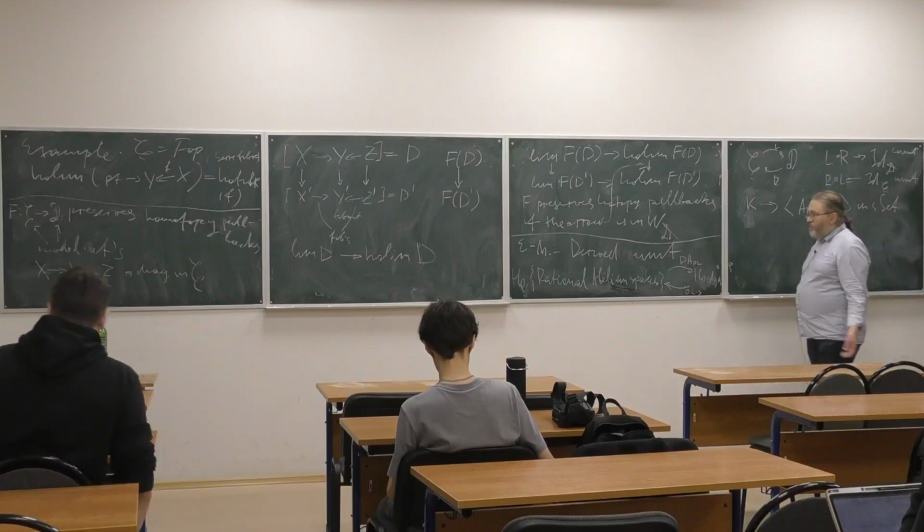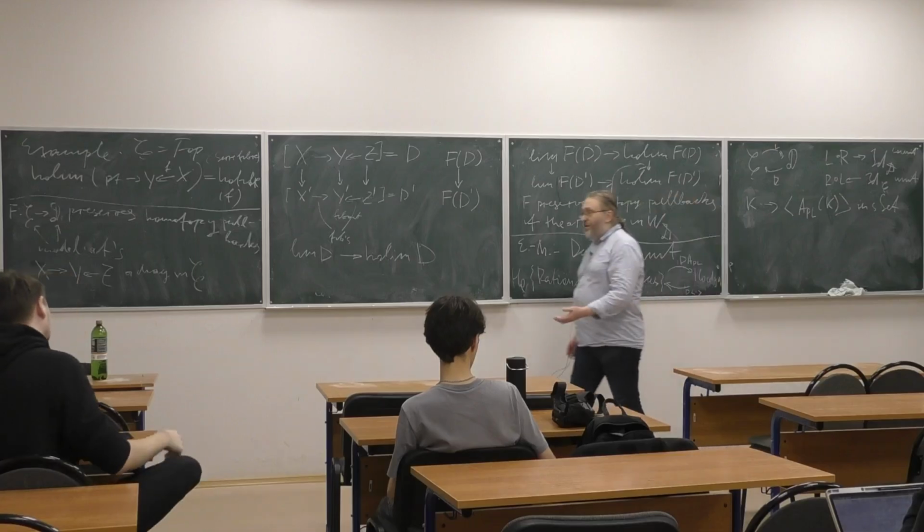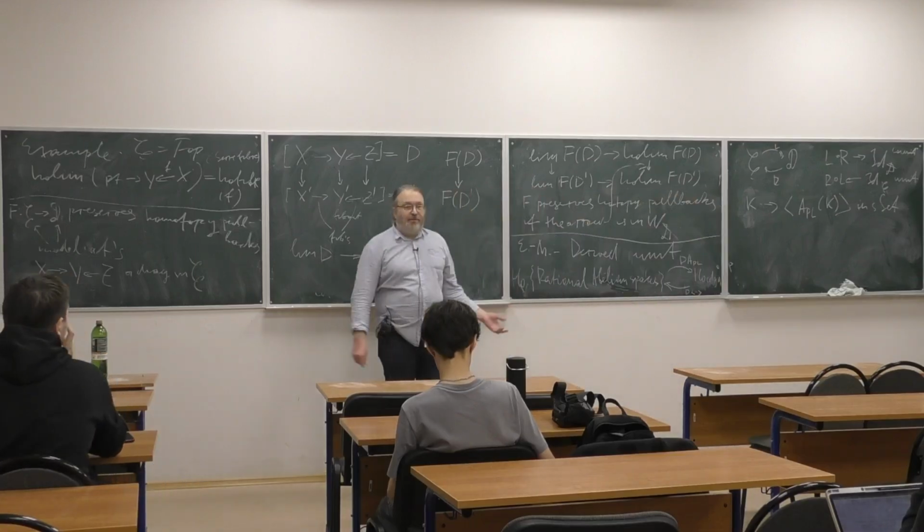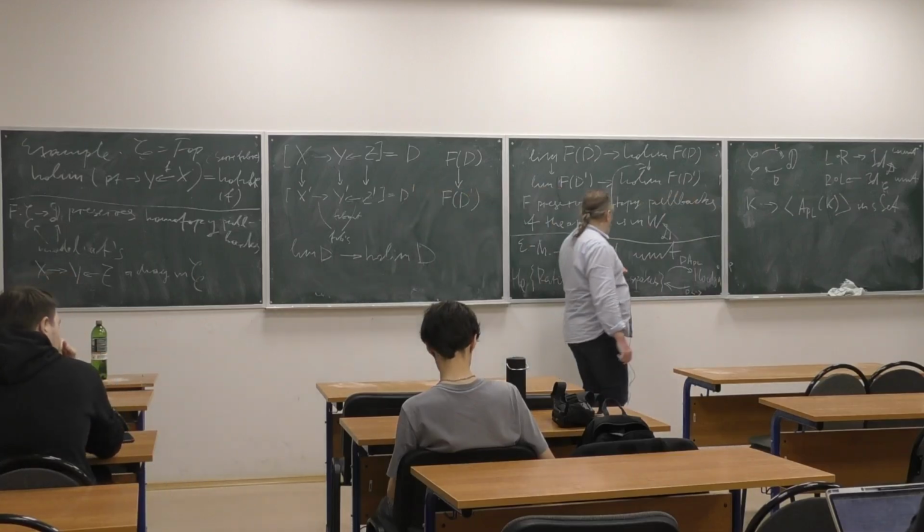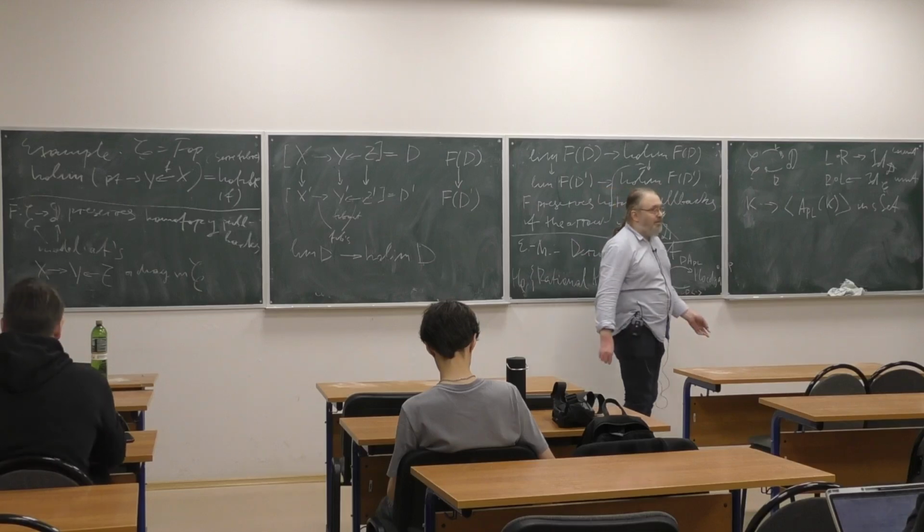And I want to show that this map is a homotopy equivalence if K is abelian and rational.